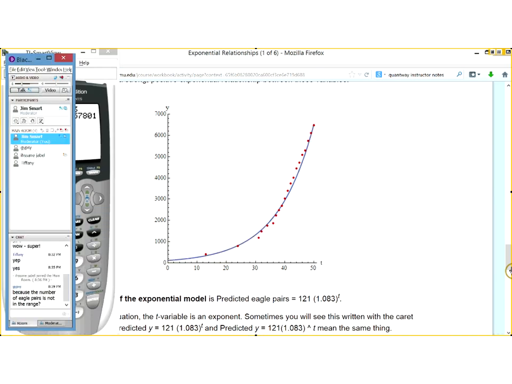Because the number of eagle pairs is not in the range, but that's the right idea. Nope. Look at the first dot on the lower left there. What year is that, roughly?